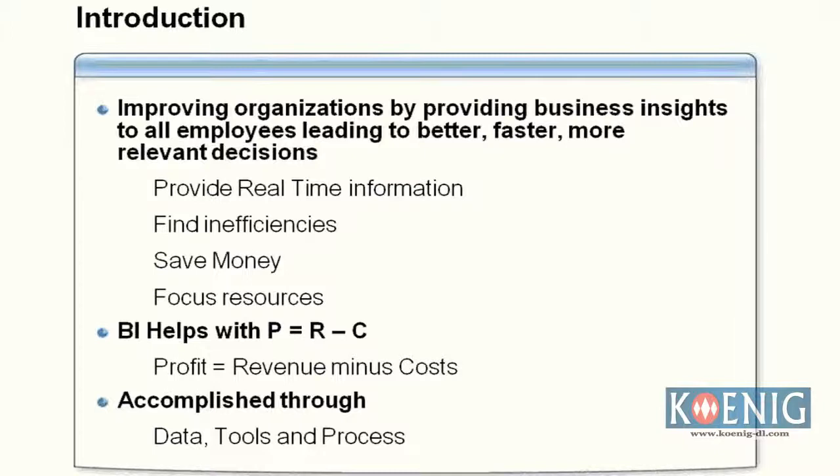This improves organizations by providing business insight to all employees, leading to better, faster, more relevant decisions. For decision making you need historical data, and it's not very easy to use OLTP for that purpose. It provides real-time information, finds inefficiency, saves money, and focuses your resources.